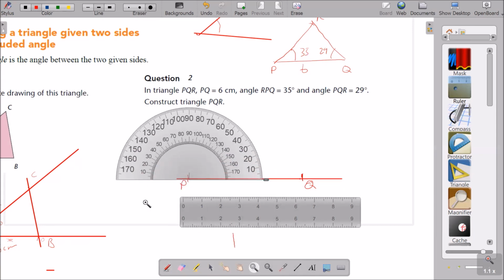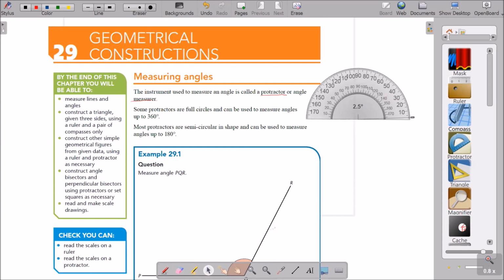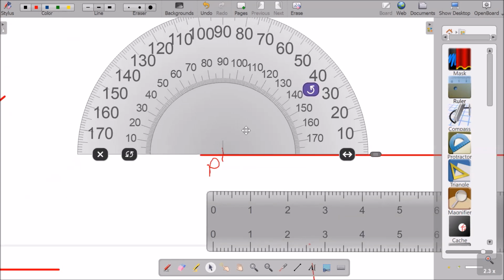Make sure our protractor is directly on that point. Okay, we want 35 degrees. We use this outer scale, which is starting at 0, 10, 20, 35. Exactly there.